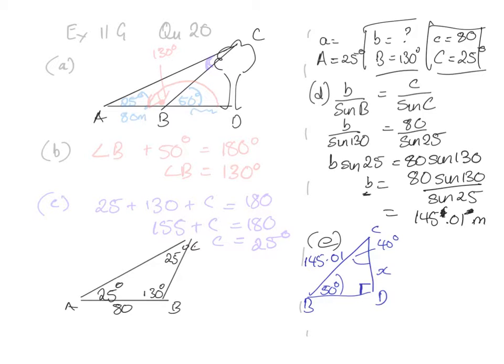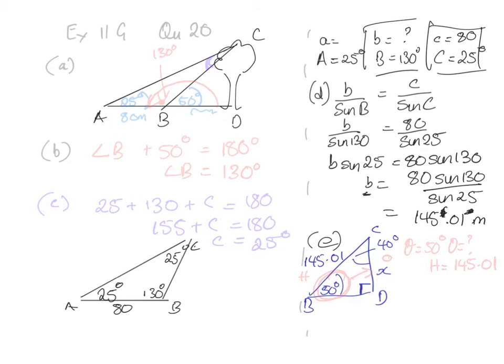If I use this angle as my given angle, then the side I'm looking for is the opposite, okay, and 145 is the hypotenuse, which is what they wanted me to use. So therefore I've got theta equals 50 degrees. Opposite is what I'm looking for, and hypotenuse equals 145.01.